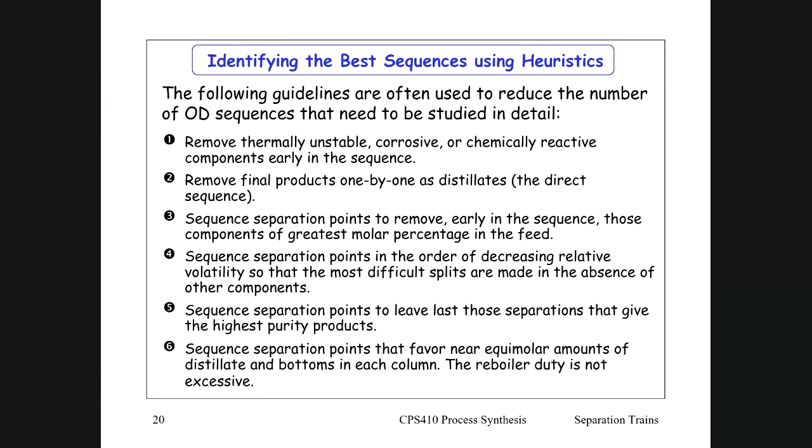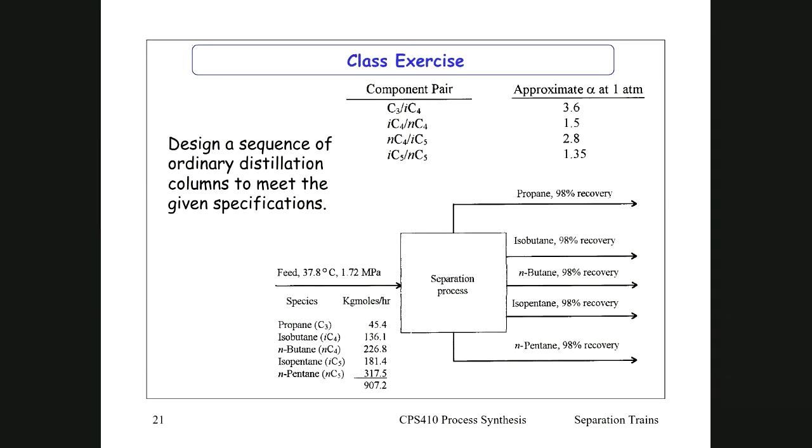So let's go on to the exercise. So we've got propane, isobutane, normal butane, isopentane, and normal pentane. So obviously, when you've got a C3 and a C4, you've got a good alpha relative volatility.